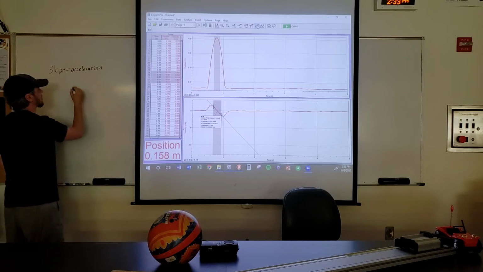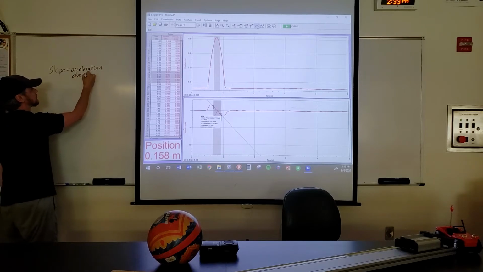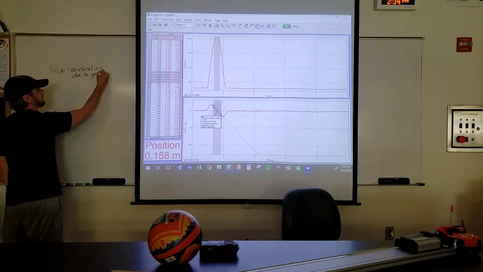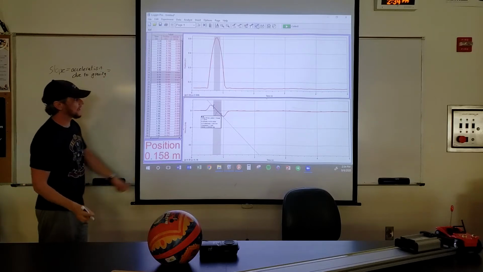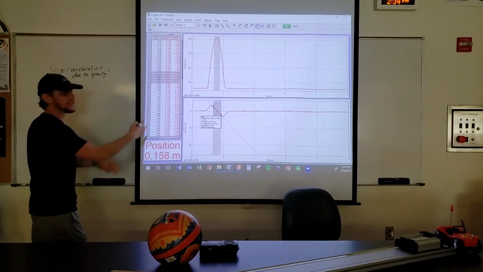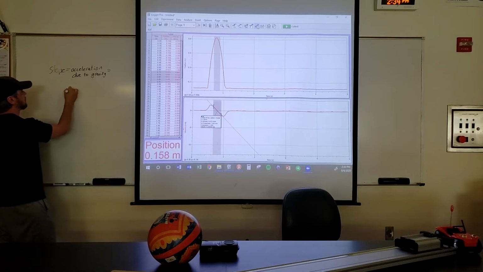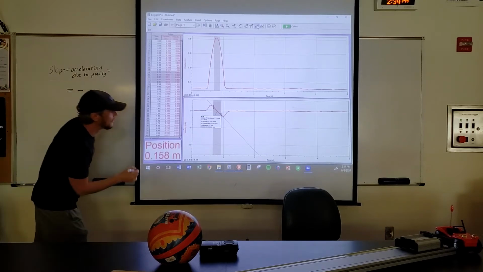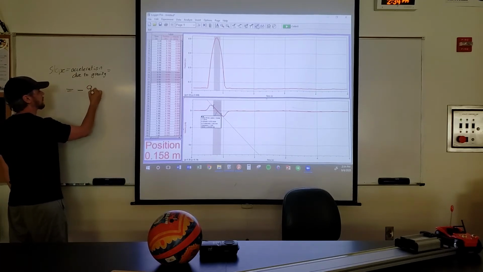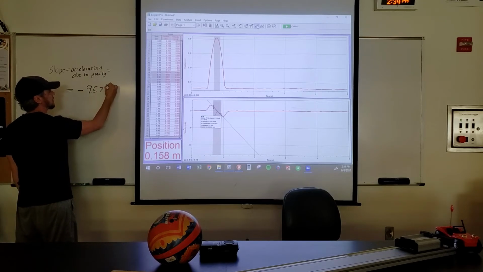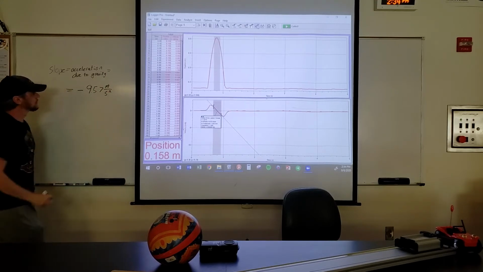Specifically now, the acceleration due to gravity. And in this particular experiment, I get a value of, I'm going to write it down here, negative 9.57 meters per second squared.